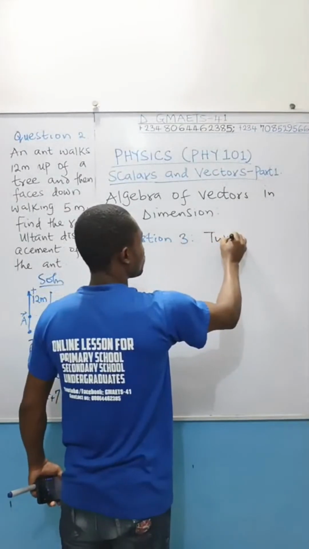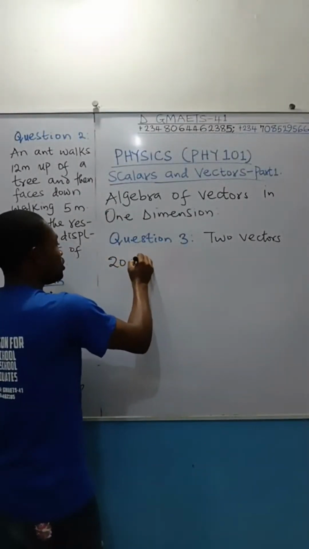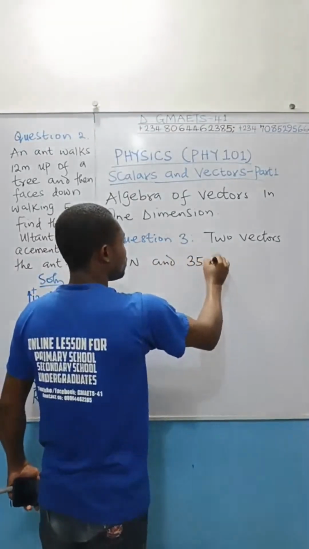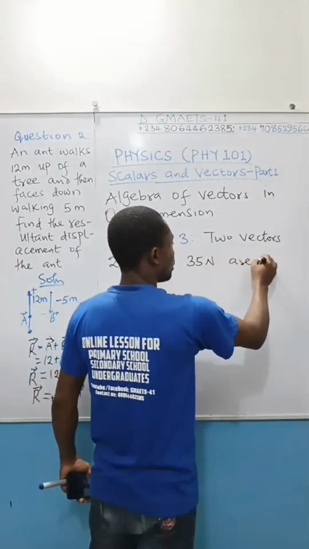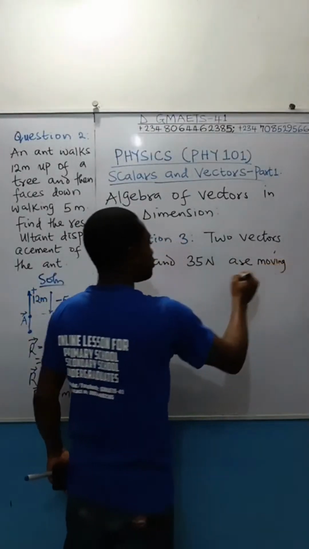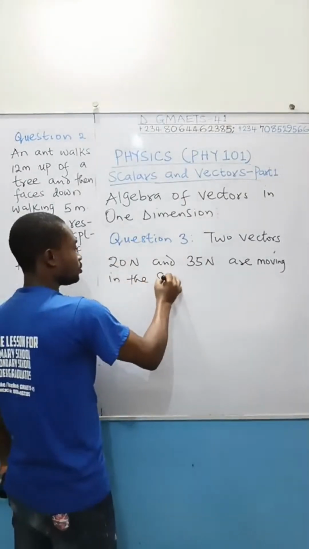Two vectors, 20 Newton and 35 Newton, are moving in the same direction.